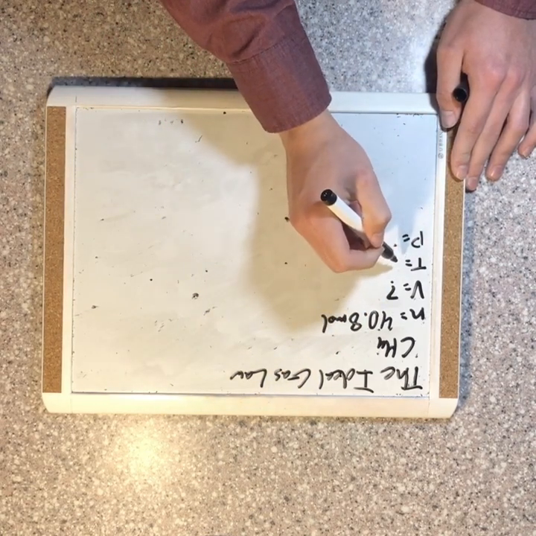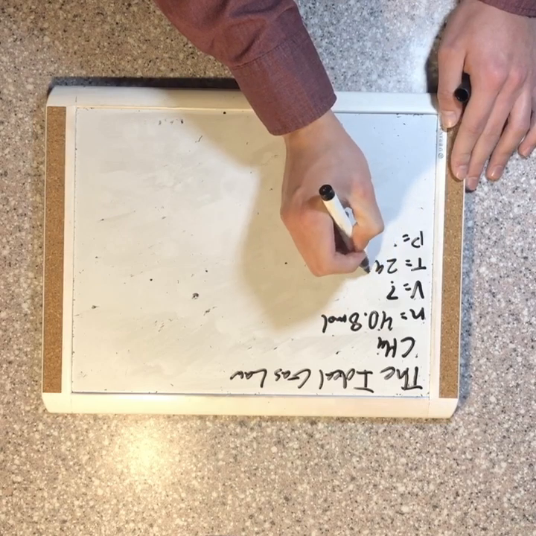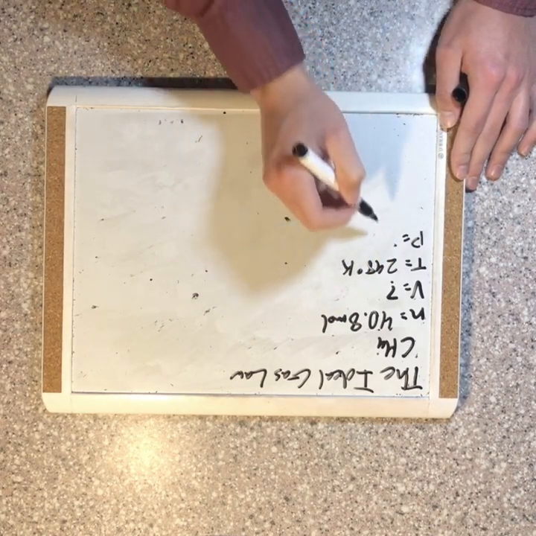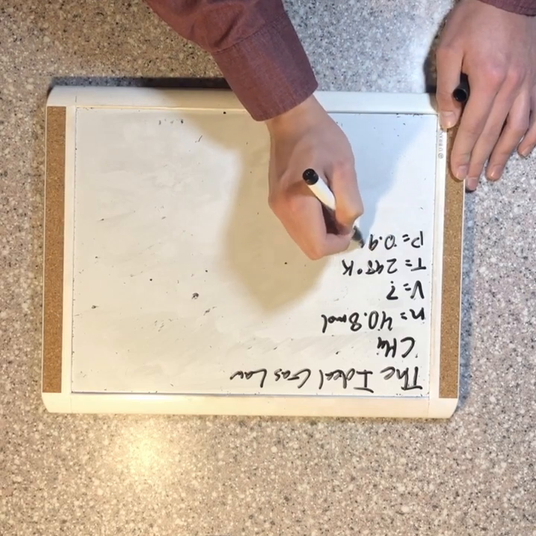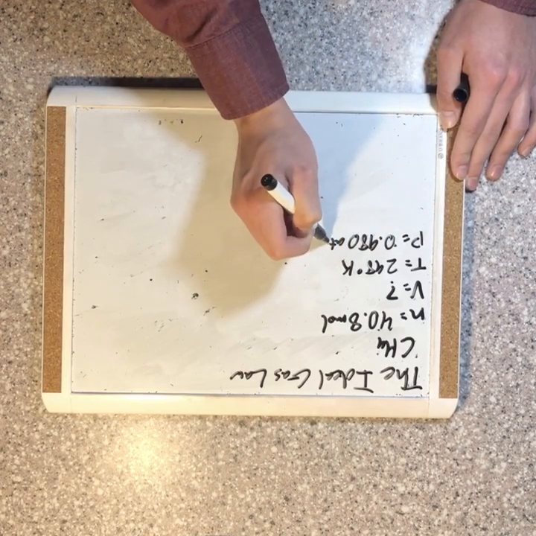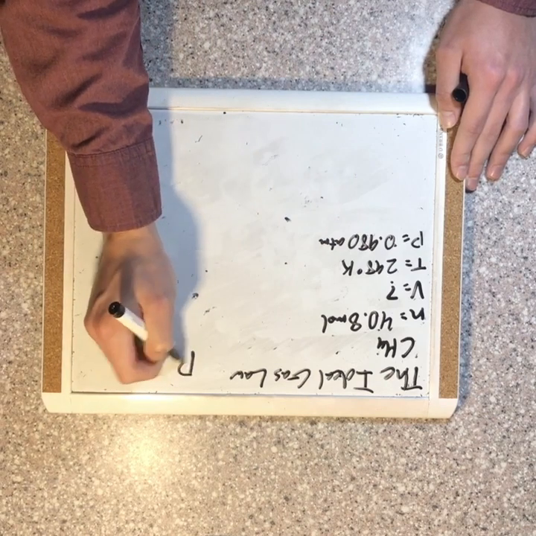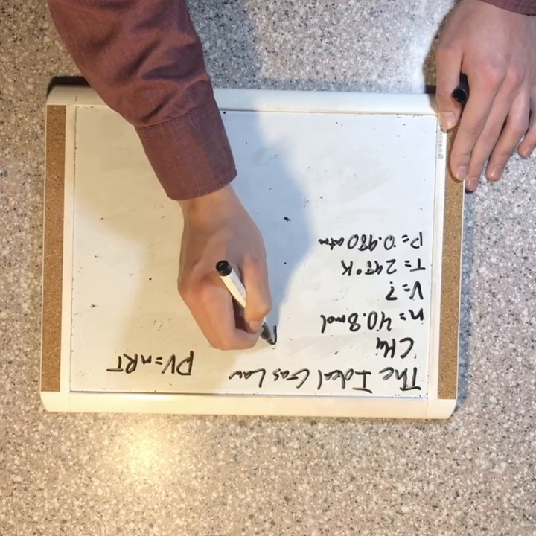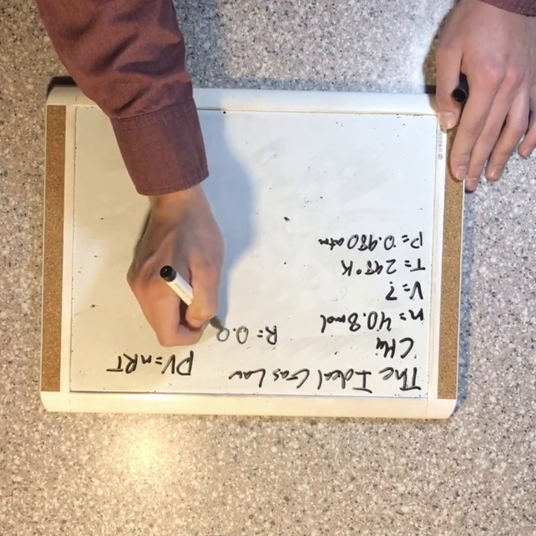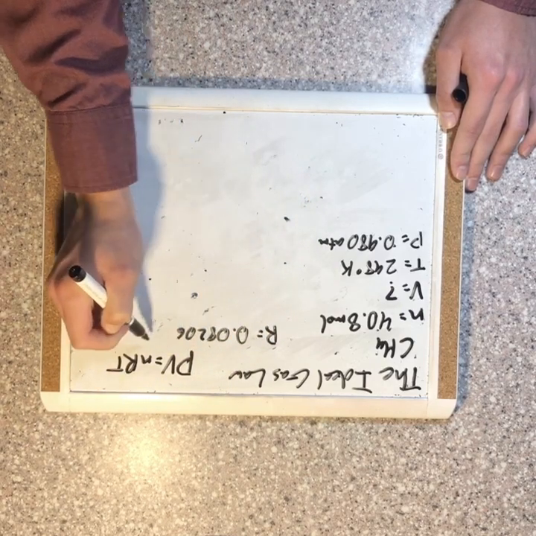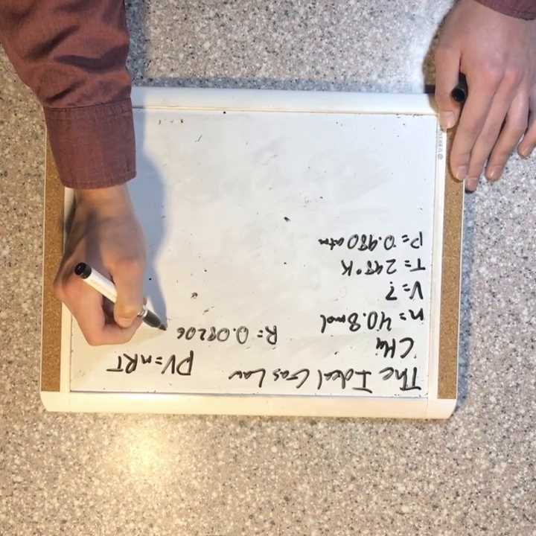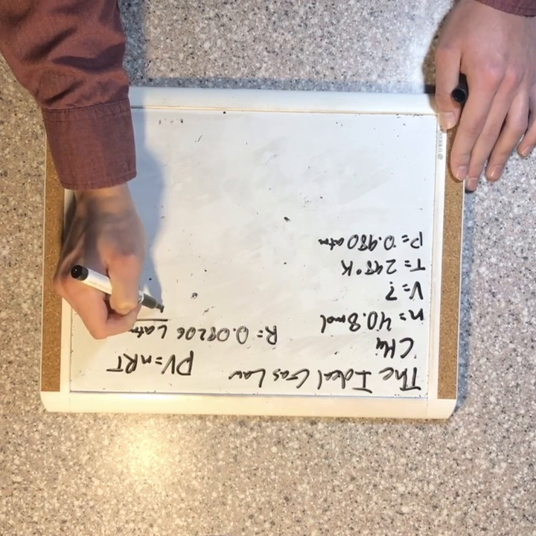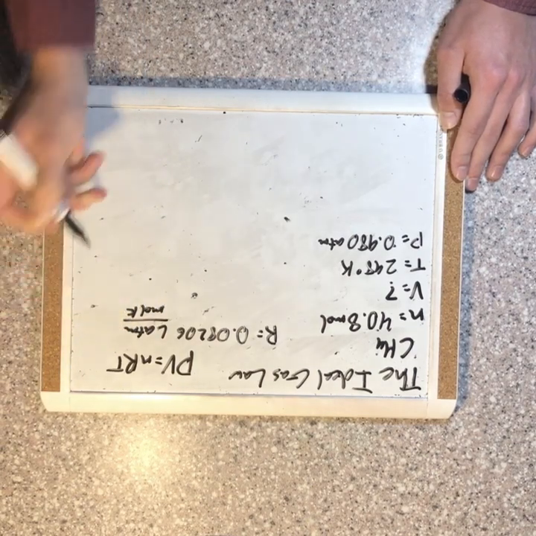Our value for temperature is 298 Kelvin, and our value for pressure is 0.980 atm. Our ideal gas law, PV equals nRT, where R is equal to 0.08206, and the units are liters times atmospheres divided by moles times Kelvin.